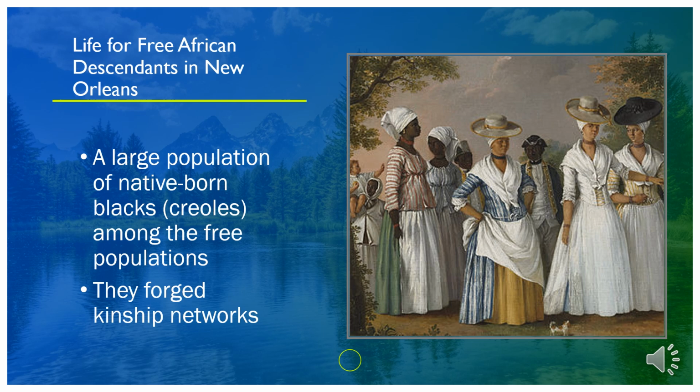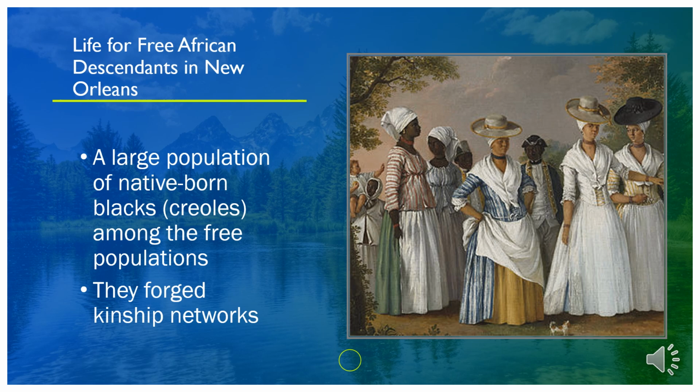These free African descendants led to the development of significant kinship networks that their families were a part of. They joined different entities and social organizations. They accumulated capital, so they saved money in order to invest it. And many of them also participated in the military and were active in their church organizations.